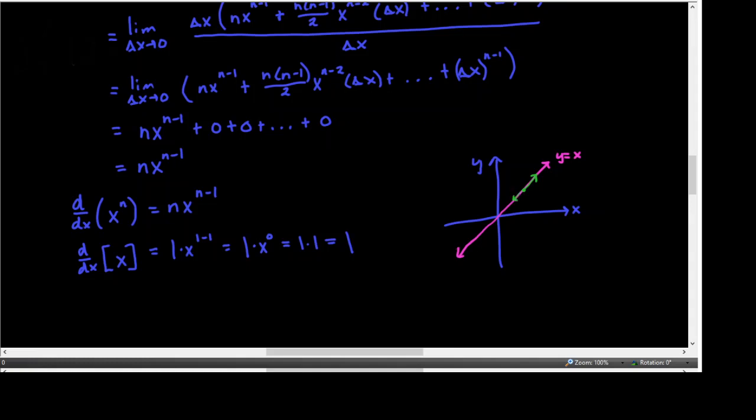And so no matter where this happens to be, the slope of that line, which is the slope of the tangent line as well, is 1. Y equals x has a slope of 1. Y equals mx plus b. m is 1, b is 0. Okay? So that's kind of a good one to know.